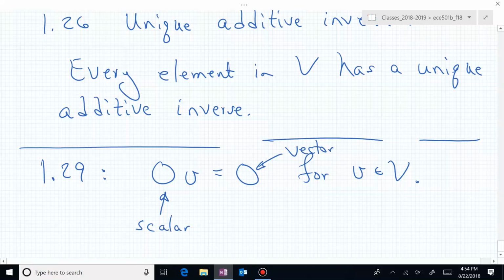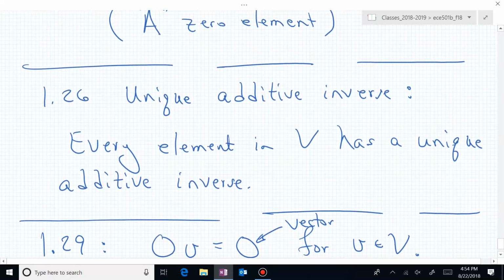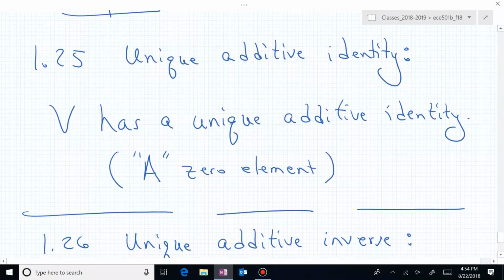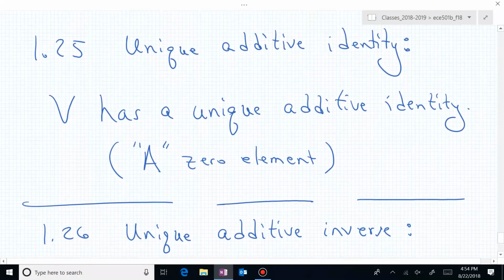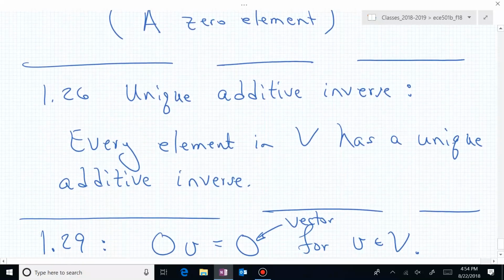Question: do you have an example where the additive inverse is not unique? No, we're going to show that, actually I think we're doing the proof of 1.25, I'm getting ahead of myself.